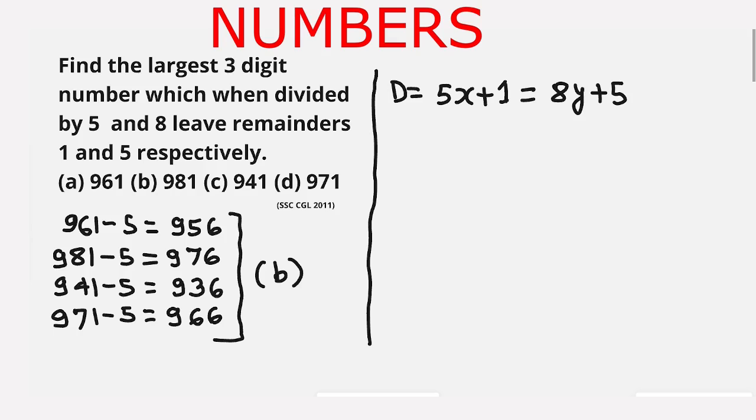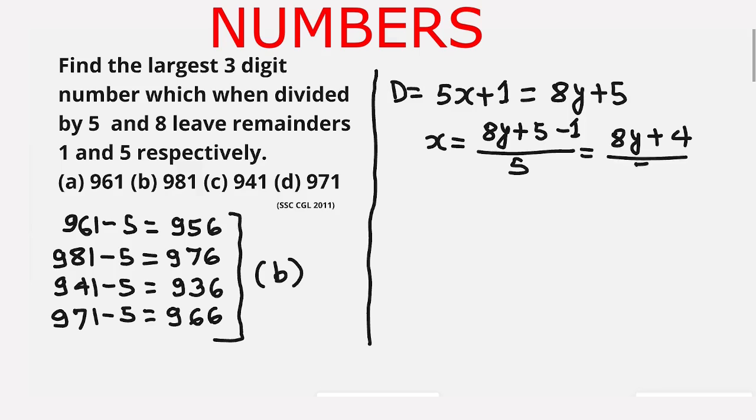The first quotient was x and the second quotient is y. From here, x equal to (8y plus 5 minus 1) upon 5. This is equal to (8y plus 4) upon 5.